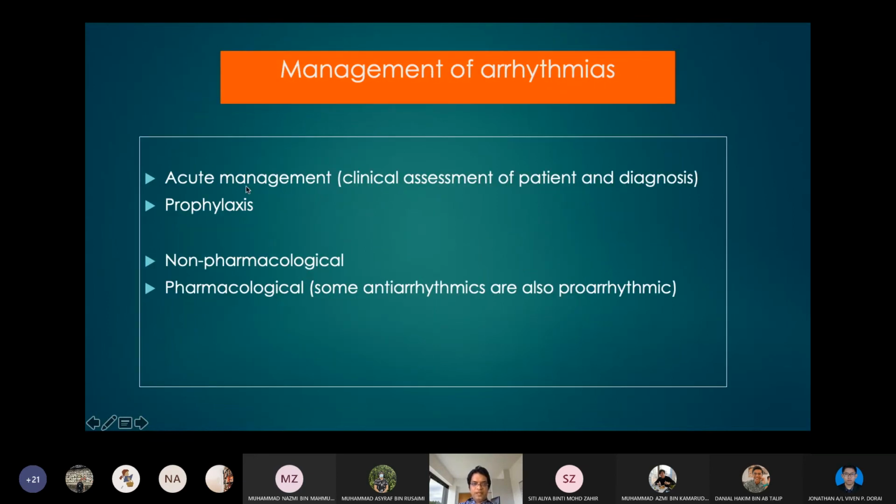Now acute management, how can we manage arrhythmia? There should be acute management, prophylaxis, and some non-pharmacological. In any movie you saw, what do they do? People are giving massage to the carotid artery. Did you see? Okay.